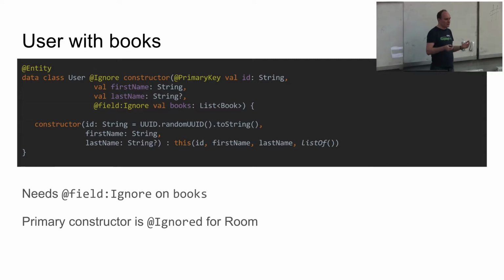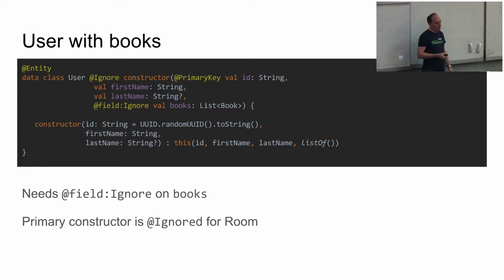And then we just also need to ignore the field that is generated for the books. So don't create a column for that, it doesn't make sense. So again, ignoring the constructor and ignoring the field, that is sufficient for Room to be able to store this entity without the list of books.